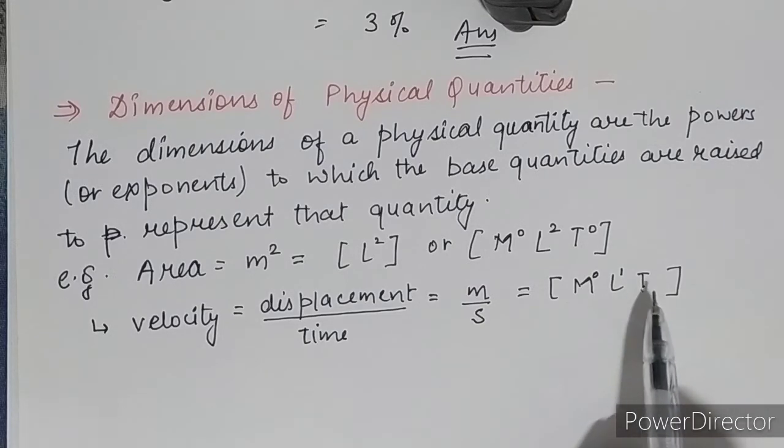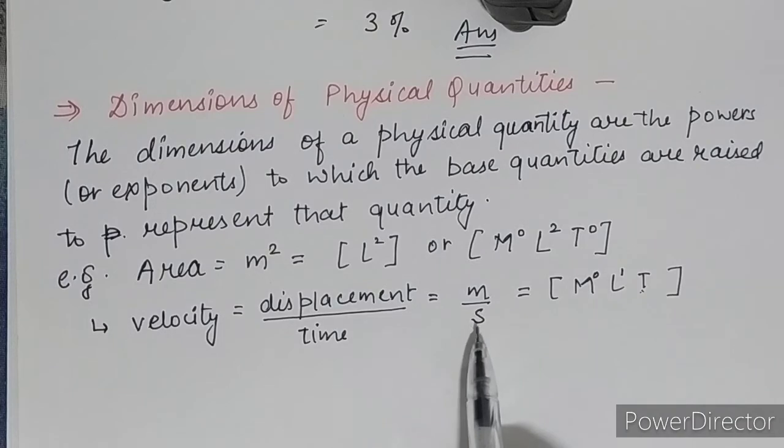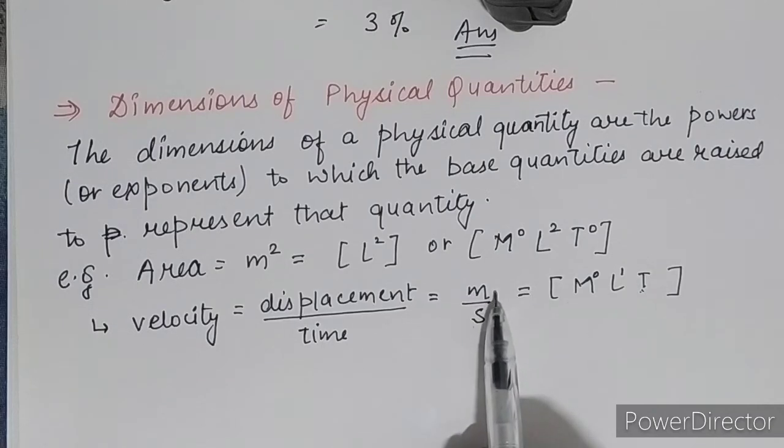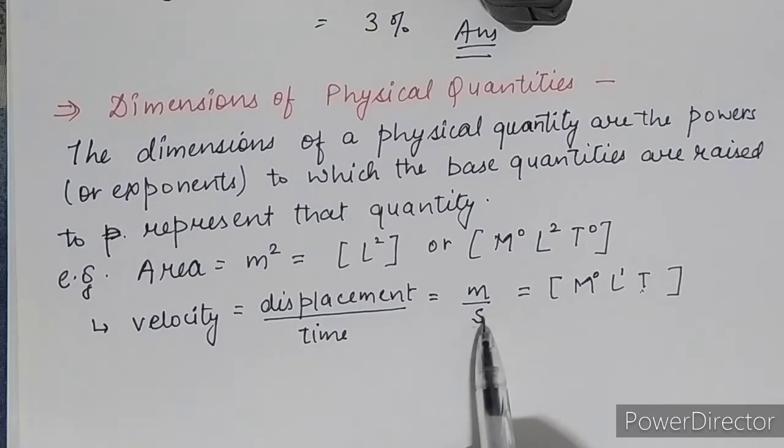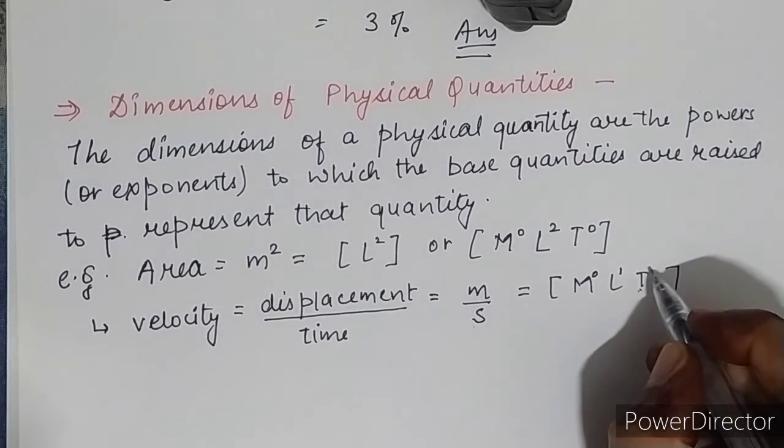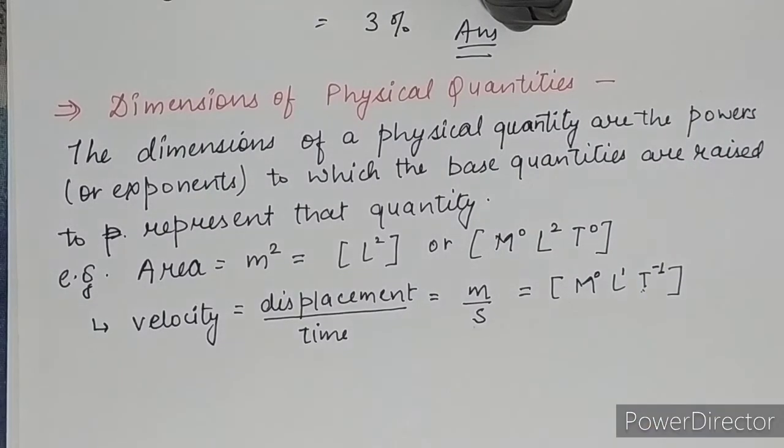T is for time, and time has the unit second. Here the second has the power 1, but it is in the divide form. When it goes to the upside, in the multiply form, the power becomes minus. So second has the power minus 1, and time also has the power minus 1. Clear? Get my point? Okay.